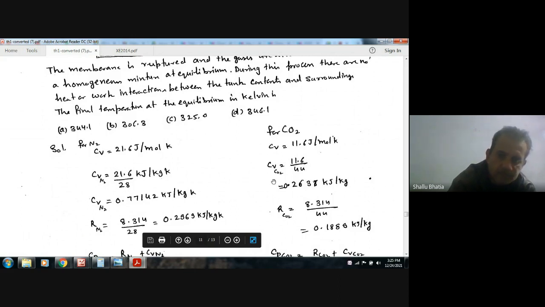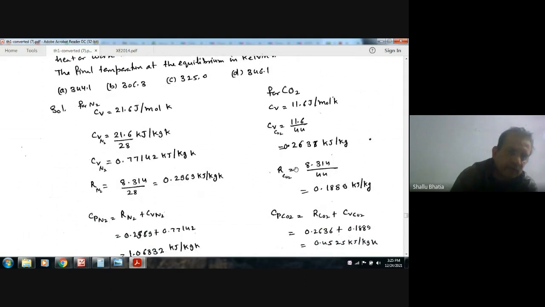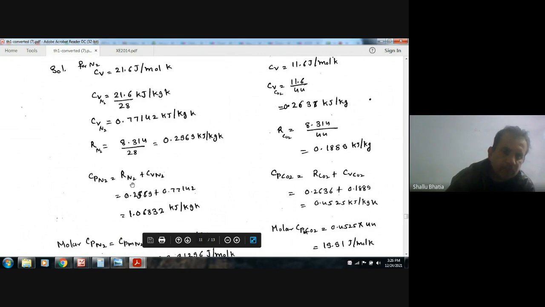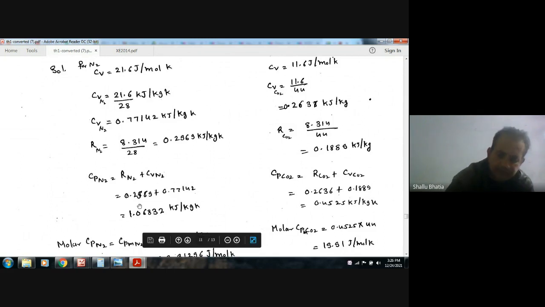Similarly, Cv of CO2 will be 0.2631 and the molecular weight of CO2 is 44. Similarly, we can calculate R also, dividing Ru by molecular weight. Now from these two we can calculate Cp, because Cp is nothing but R plus Cv.